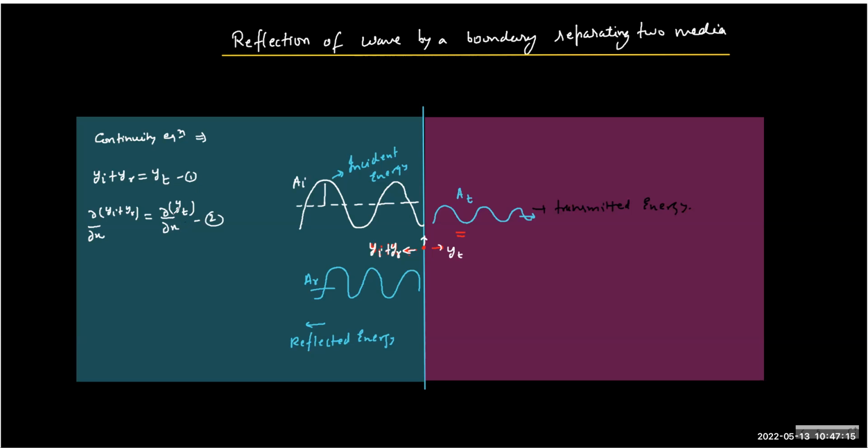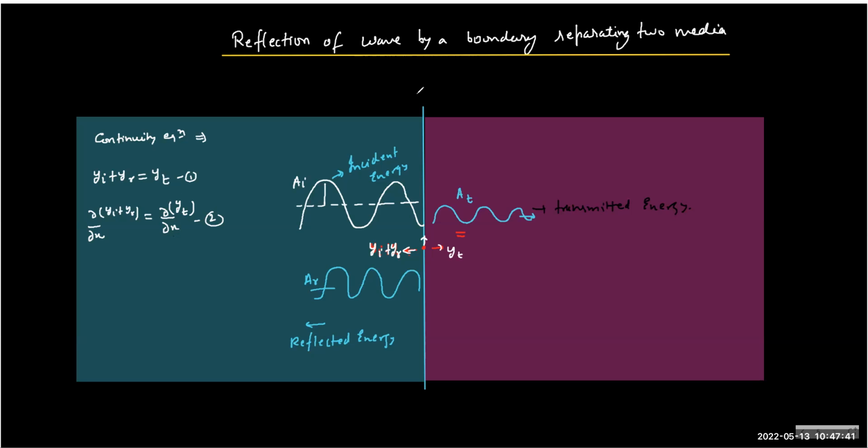The first equation is the continuity in terms of displacement value, and the second is in terms of direction, because displacement values are the same as well as they are moving in the same direction because of the boundary conditions. So these two are called the two boundary conditions for wave, and we need to solve these two conditions.